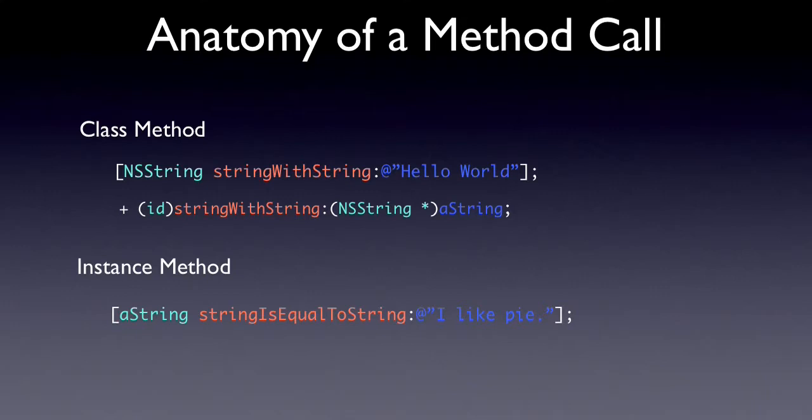It reminds me of Freud. And then the argument is an NS string. It wants an NS string for an argument. With the instance method, all instance methods are prefixed by a dash, or a minus if you want the opposite of plus. And you can also tell that it will return a Boolean value and that it also wants an NS string as an argument.